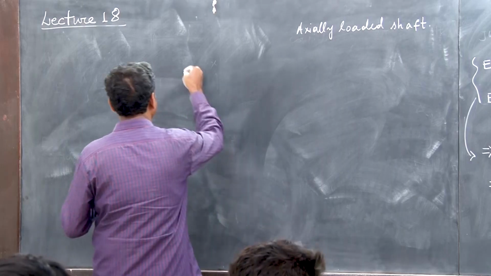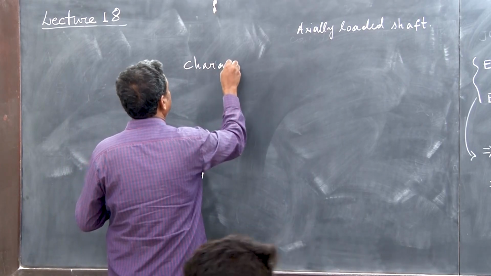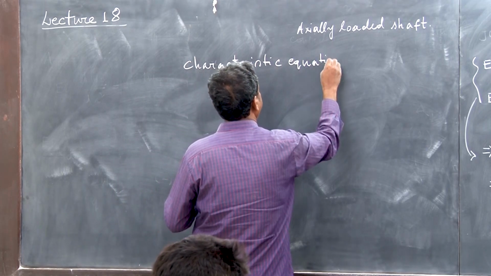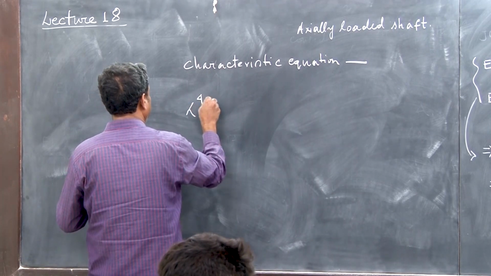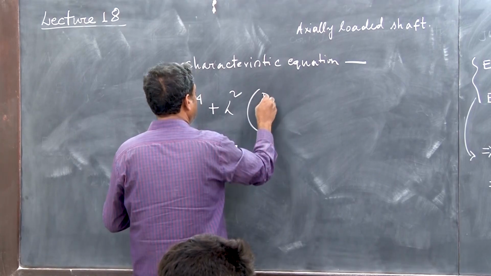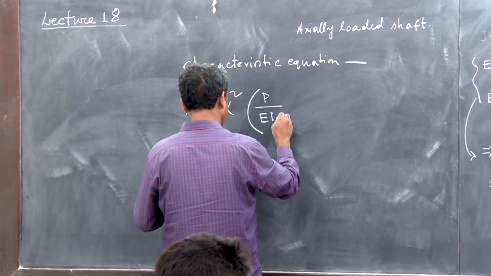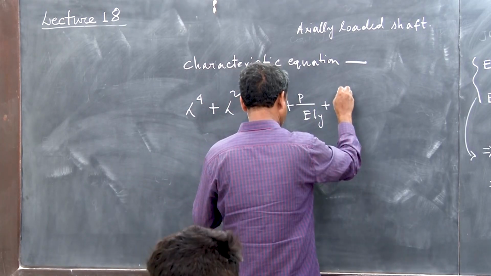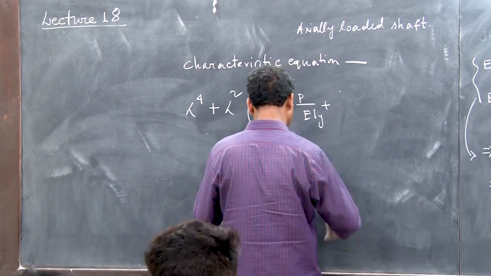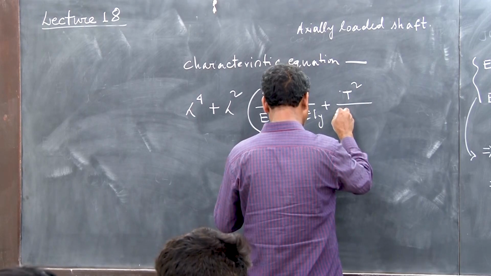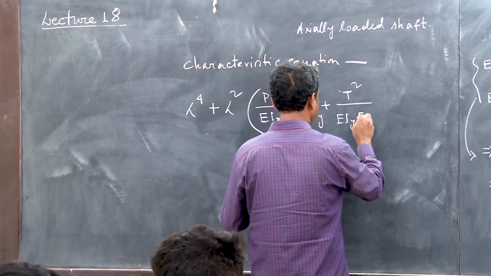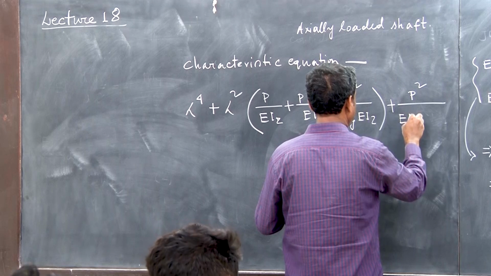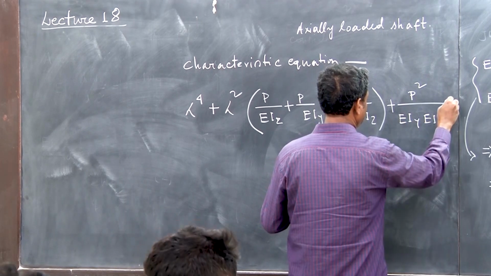By making the determinant zero, the characteristic equation becomes lambda to the power 4 plus lambda squared times (P/EIy + P/EIz + T squared) plus T squared/(EIy EIz) plus P squared/(EIy EIz) equals 0, where T is the torque.